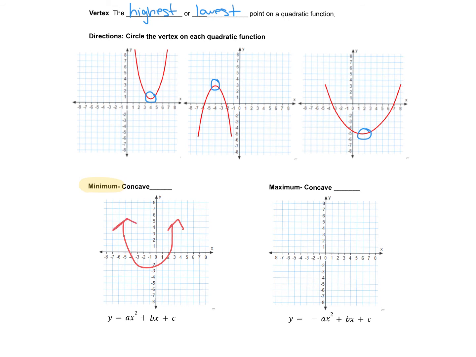That's going to be when it's concave, well, are the arrows pointing up or down? They're pointing up, so it's concave up. We're going to have a maximum when our arrows are pointing down.